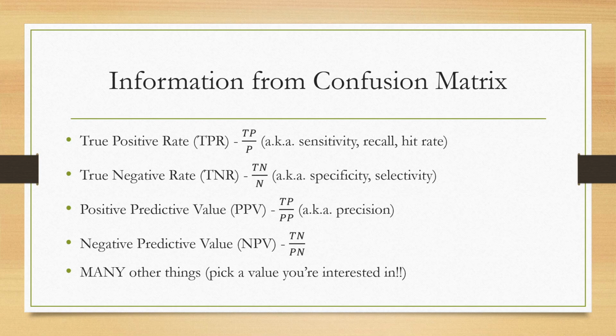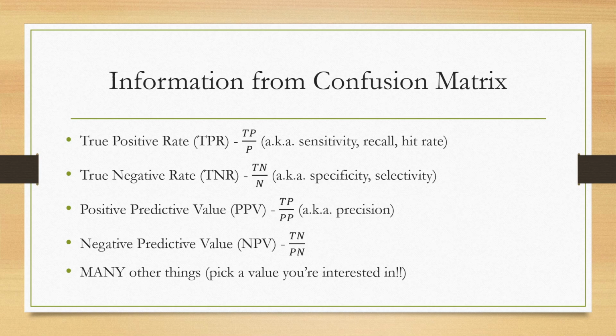Now, based on the confusion matrix, we can also calculate things like prevalence. Now, I don't list this here, but recall that prevalence is the total proportion with the disease. This would be P over SS, over sample size, the total number of people with the disease. Closely related is incidence.